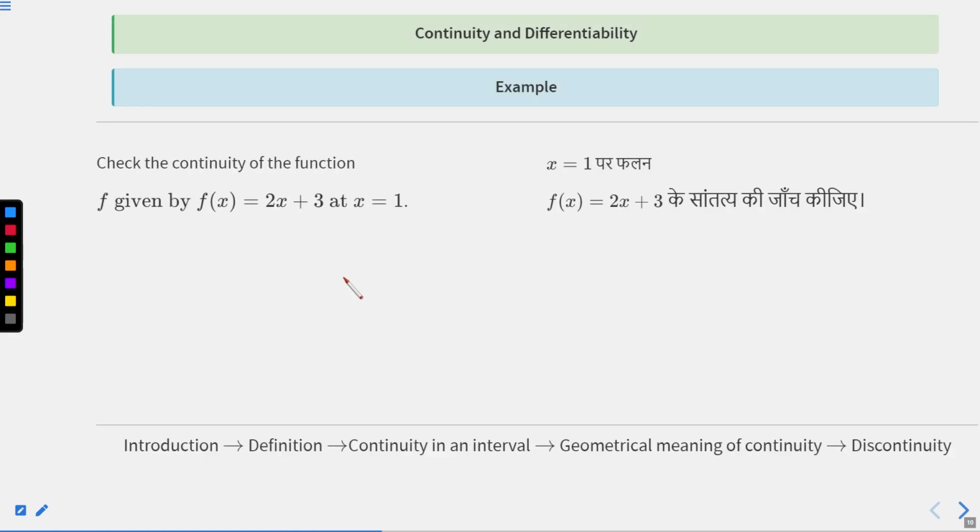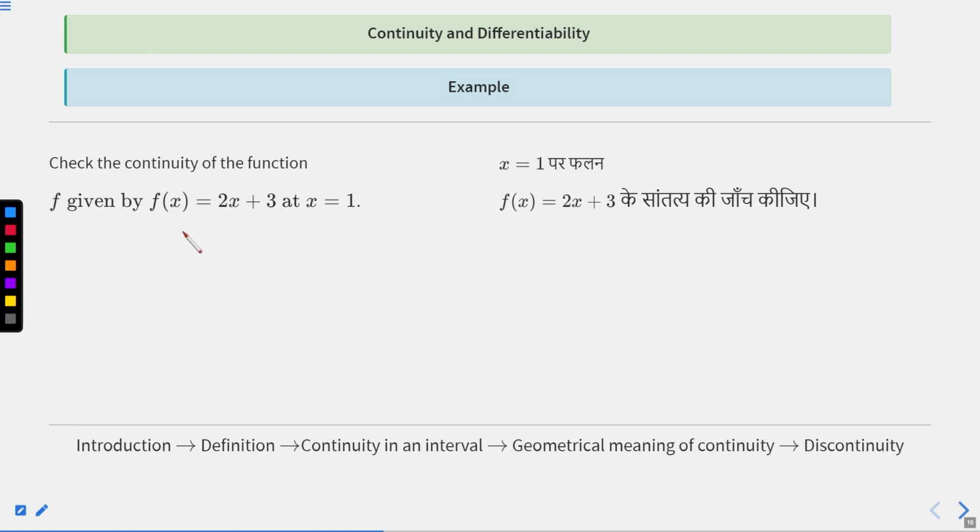Now next, for example, f(x) is given to you, and you have to check the continuity. This is quite simple, it is the equation of a line. If you try to see x tends to 1, then your limit f(x) will be 5, which is the value of f(1).